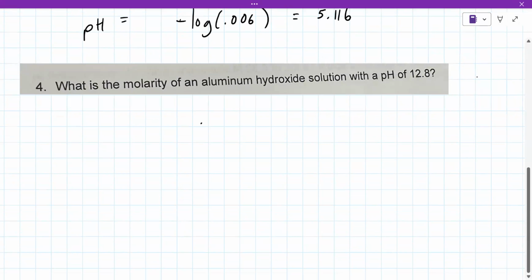To get the concentration is 10 to the minus 12.8. But we have to see if that is actually the answer. I don't believe that it is. I believe that there's an extra step here.